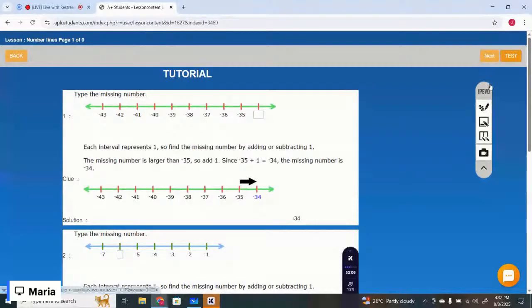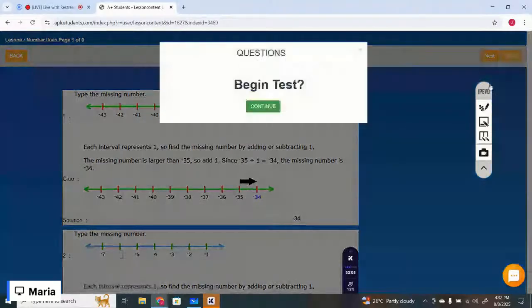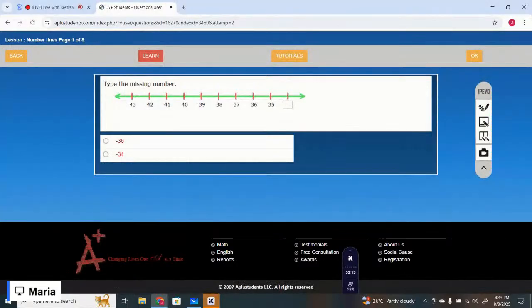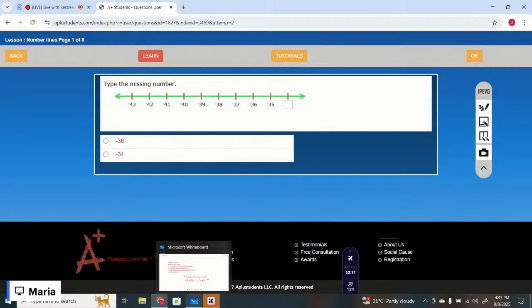That is -34. Let's just start with the test questions. So the missing number is -34. Option number 2 is the correct option.